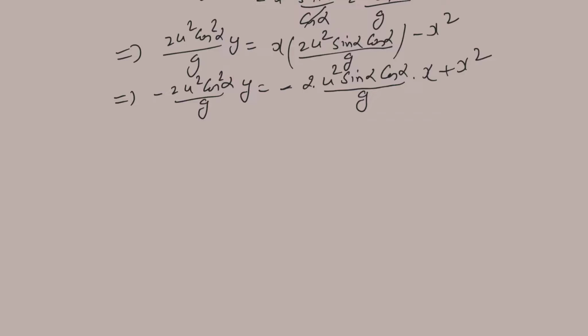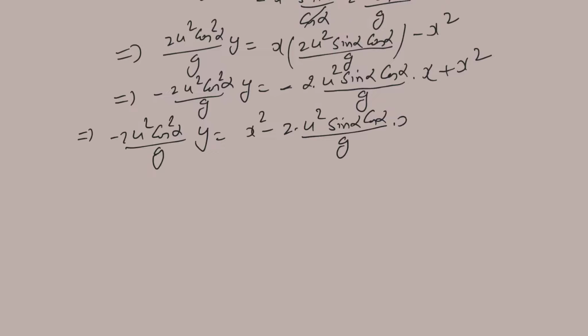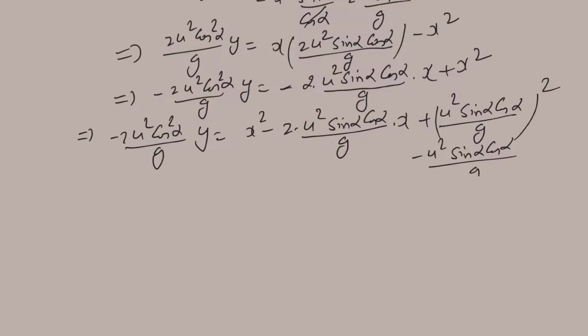So this further implies that minus 2u square cos square alpha by g y is equal to x square minus 2u square sine alpha cos alpha by g dot x plus u square sine alpha cos alpha by g whole square minus same will be subtracted, u square sine alpha cos alpha by g whole square, and this whole will make the perfect square.